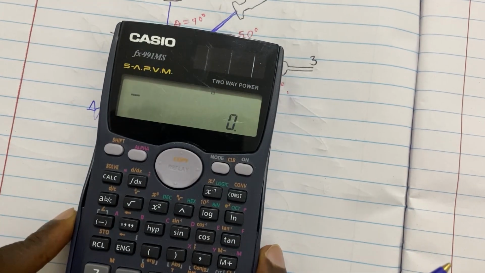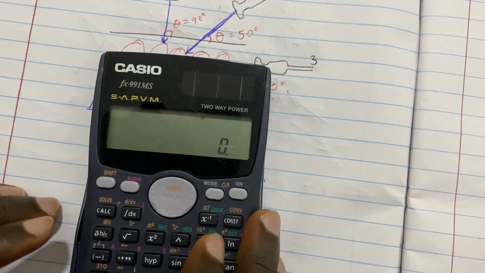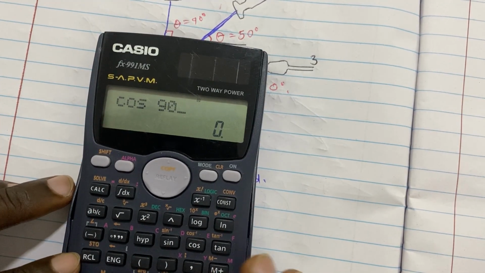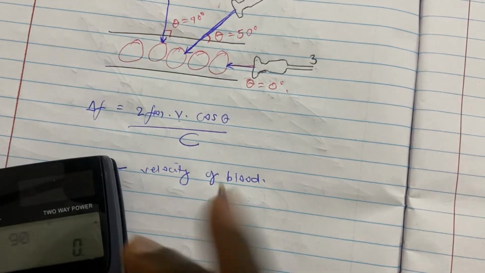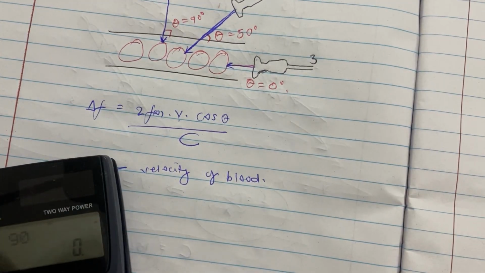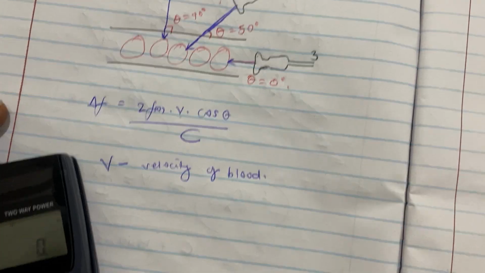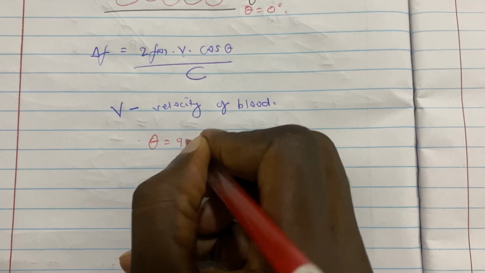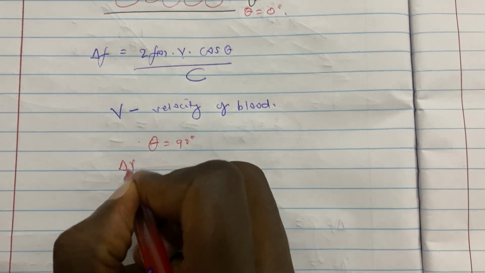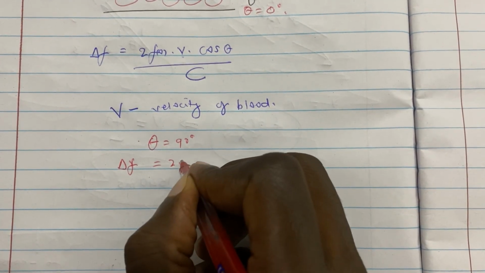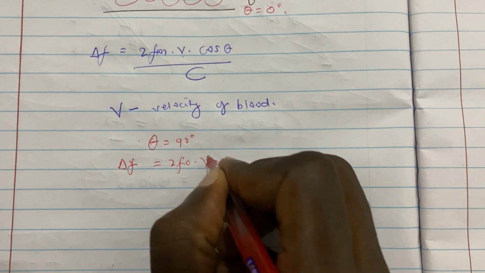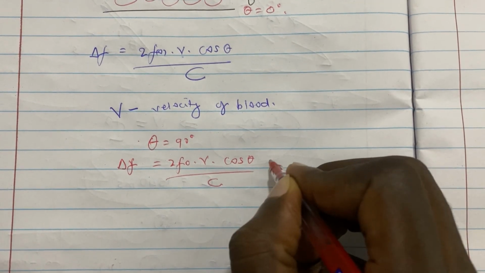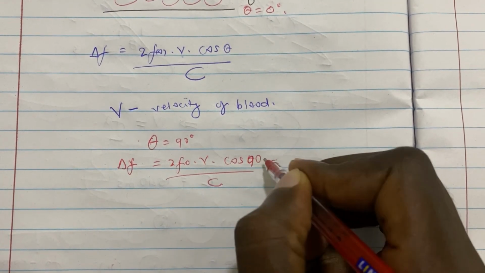This is a calculator I have. My first theta 1 is cos 90. Cos 90 is 0. So if, for example, we take cos theta, we are going to have 3 scenarios. For theta equal to 90 degrees, the Doppler shift will be 2 f0 v cos theta over c, which is cos 90.